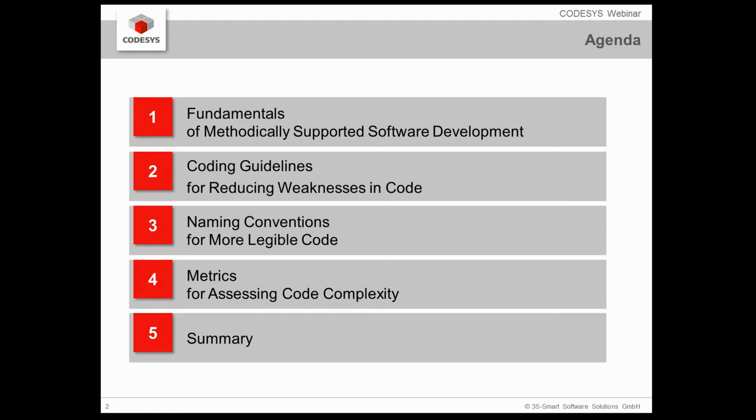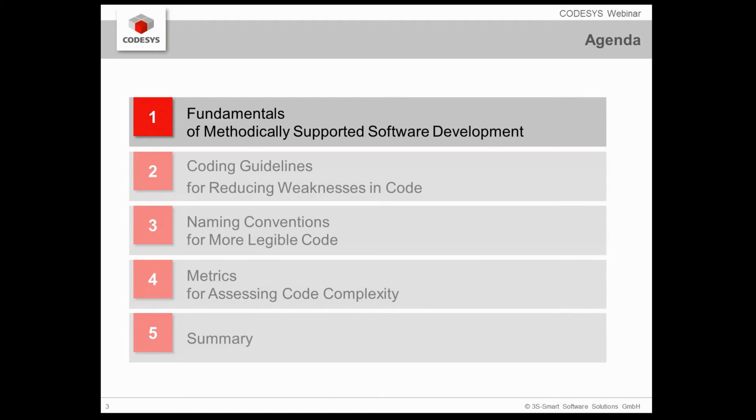Then we present the coding guidelines for reducing some weaknesses in the code, followed by the naming convention rules, which will lead to a more legible code. And finally, I will show you some metrics which can be used during the programming of the IEC 61131 code.